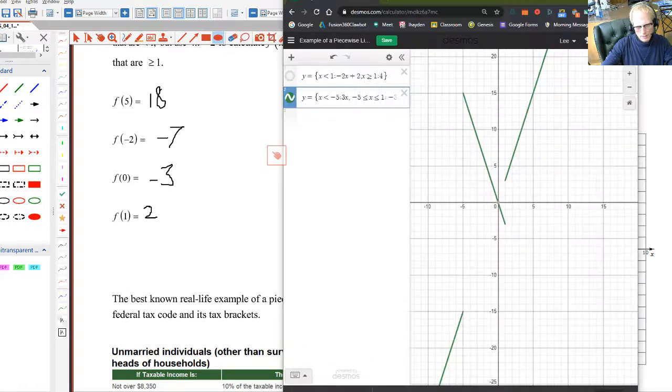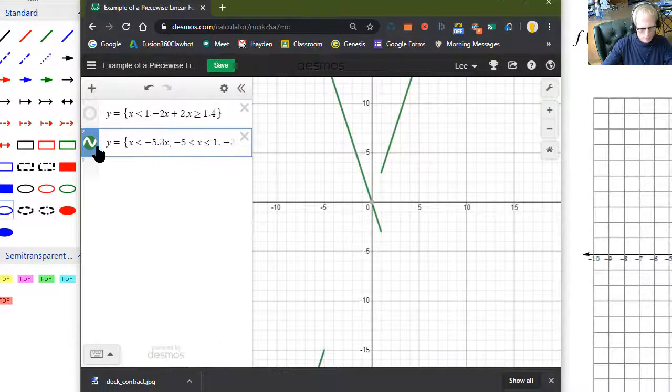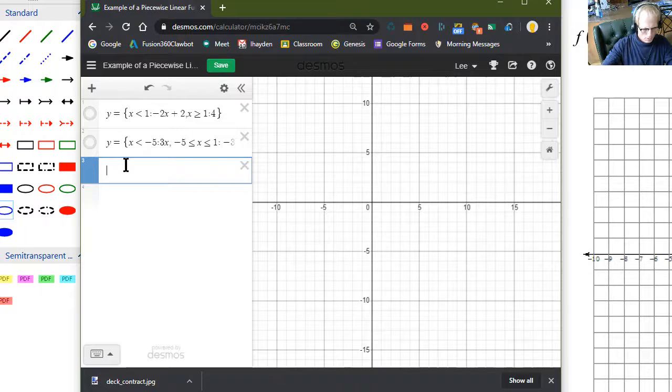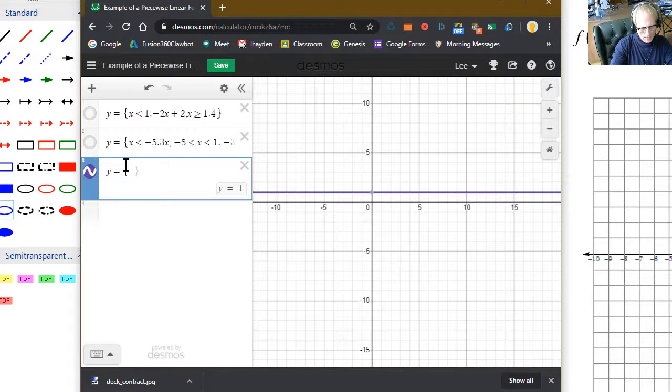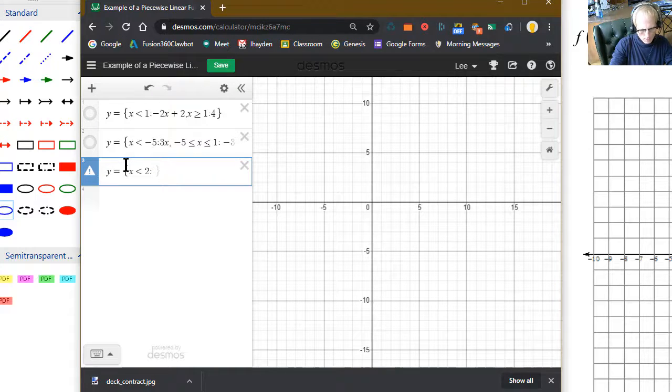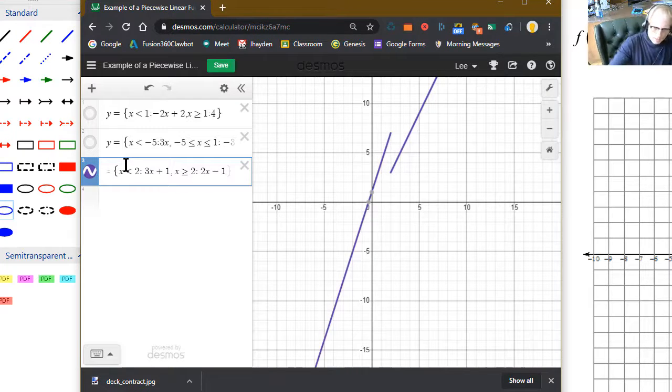So let's go back to Desmos, and this one is going to be y equals, and then open curly brace, and then I put x less than 2, colon, 3x plus 1, and then I put a comma, and then x greater than or equal to 2, I put a colon, 2x minus 1, and there we go. So there you have it. That's how to graph piecewise functions.